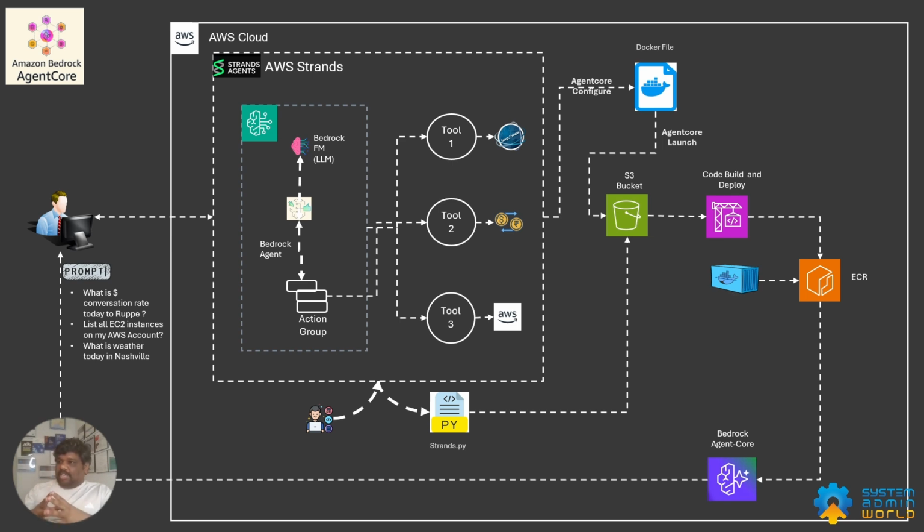So we are mentioning the strands.py file, the requirements file, everything, and the Docker image itself, which is based on the Dockerfile we created. That will be deployed through Bedrock Agent Core. Agent Core will deploy all the identity integration, observability integration, and log integration.